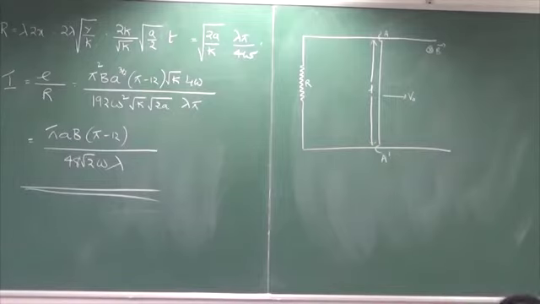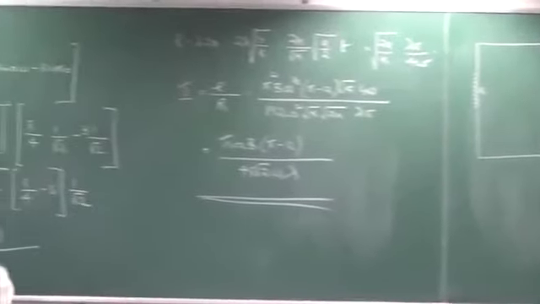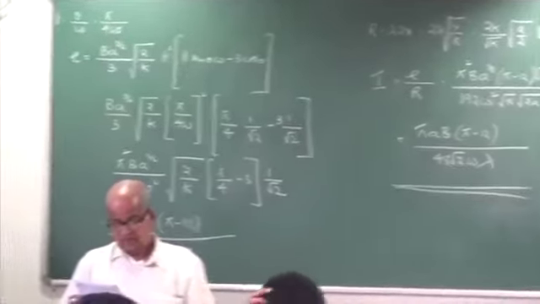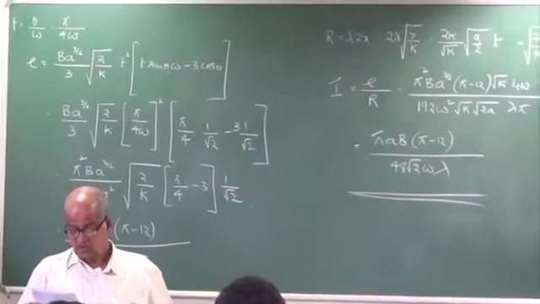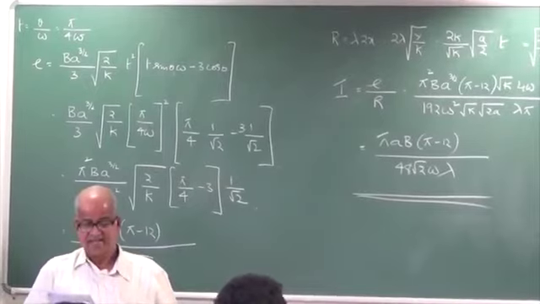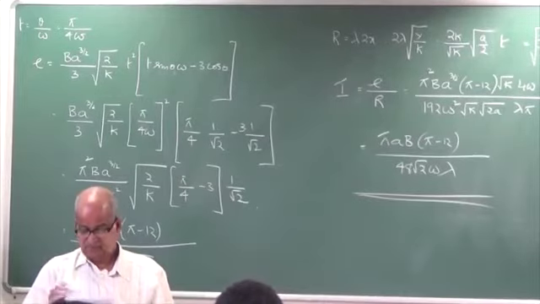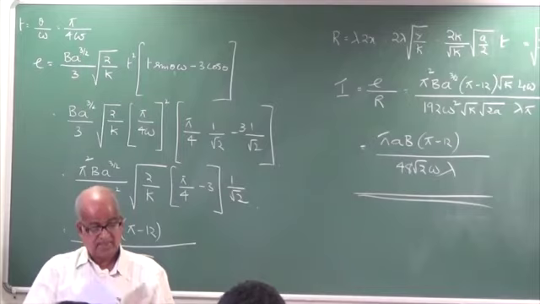Write down: a conducting rod AA' of mass small m slides without friction over two long conducting rails separated by a distance small l.